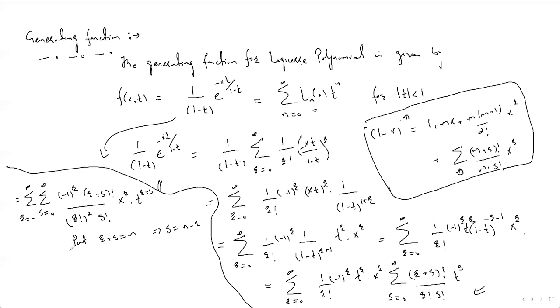So this particular equation, I will write as summation r running from 0 to infinity, and instead of s, it will be summation n running from 0 to infinity, minus 1 raised to power r, (r plus s) is n factorial, divided by r factorial square. Then s is n minus r, so it will be (n minus r) factorial. Then x raised to power r into t raised to power n.